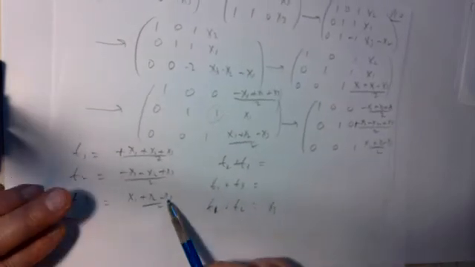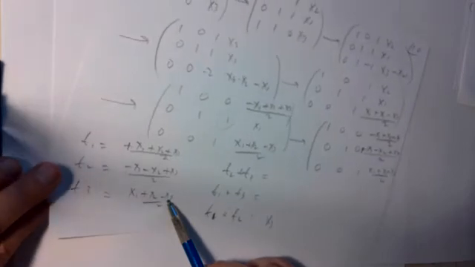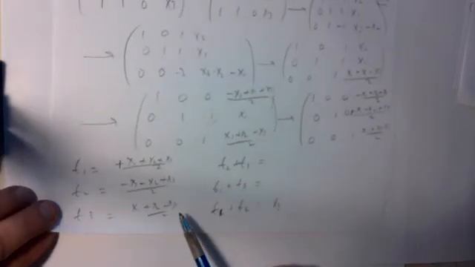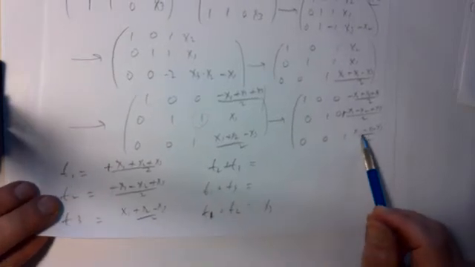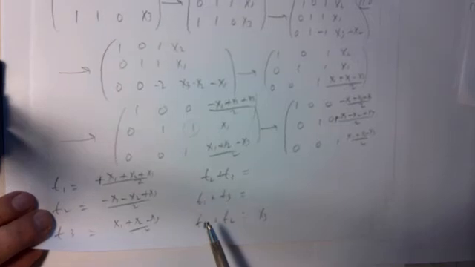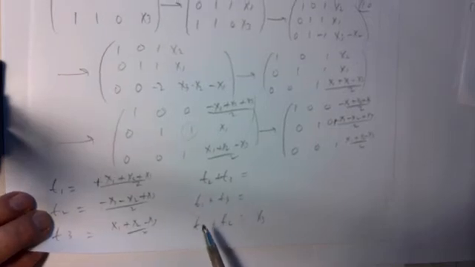T1 plus T3 is x1 plus x2. So I know I have the signs wrong here somewhere. Let me just see why.